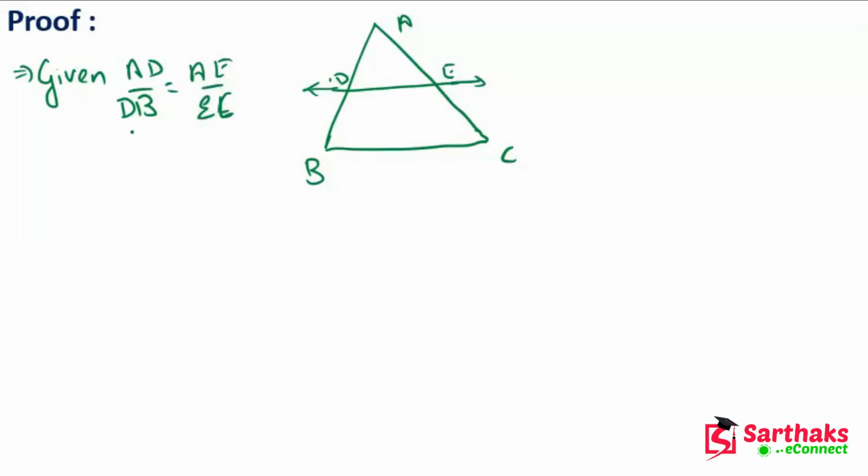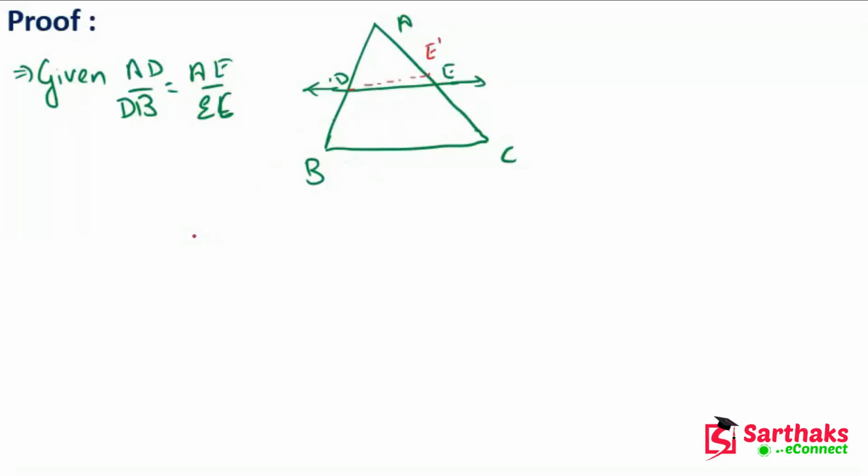So we assume that DE is not parallel to BC. If DE is not parallel to BC, then we draw a line DE dash, which is parallel to BC.